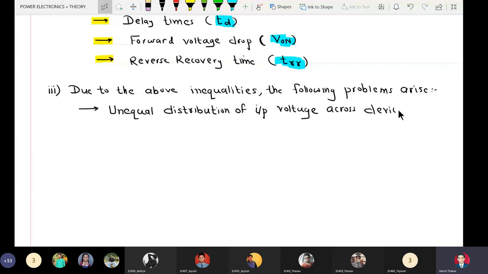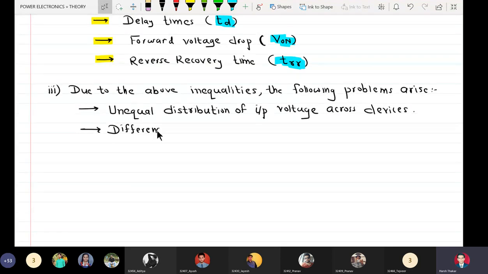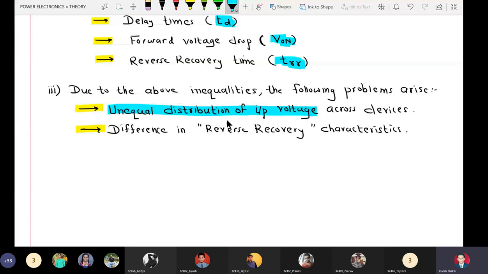Second is difference in reverse recovery characteristics.